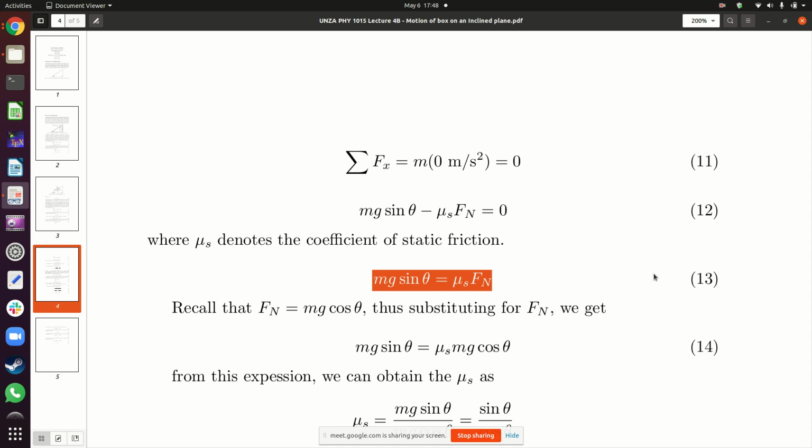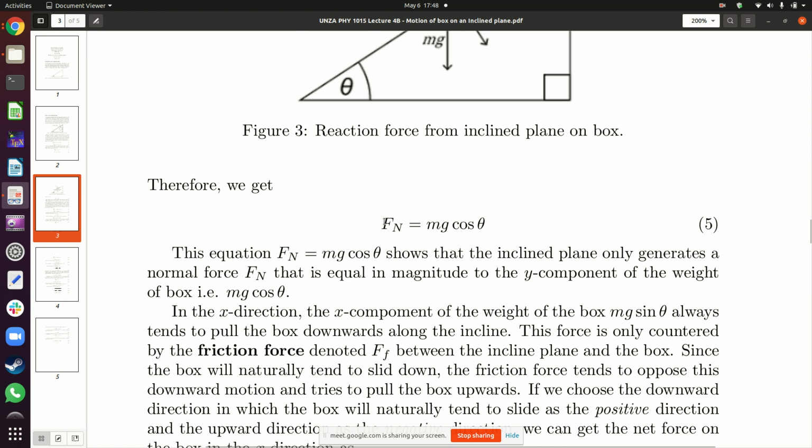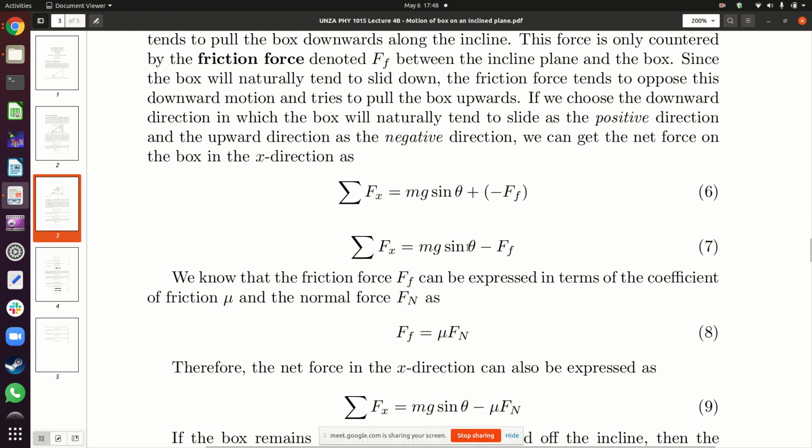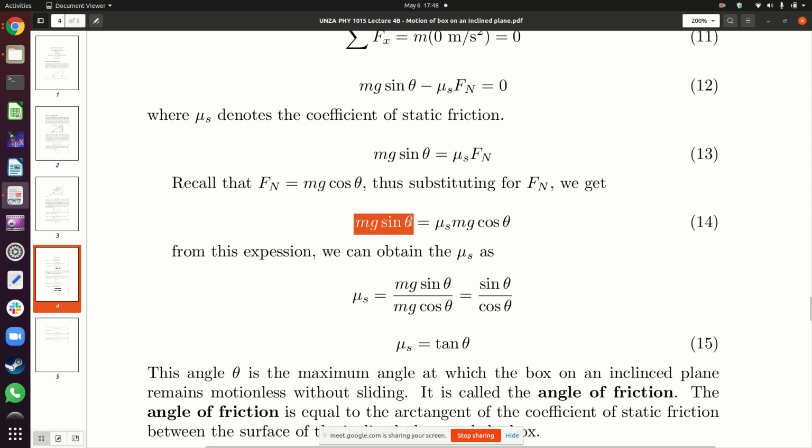Okay. However, we can do more, because remember, there is Fn here, and we have an expression of Fn already found, which is this one. Fn is equal to mg cos theta. So if you substitute for Fn here, you end up having mg sin theta equal to mu s, the coefficient of static friction, multiplied by mg cos theta.